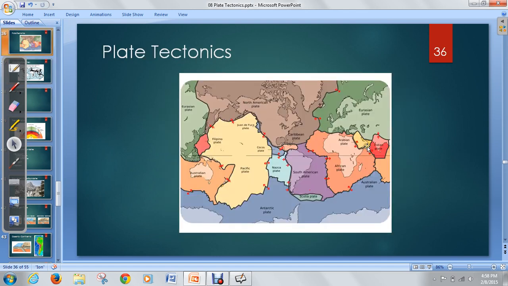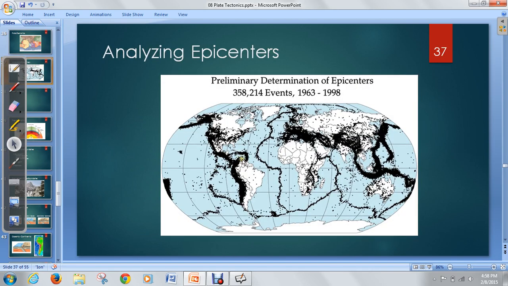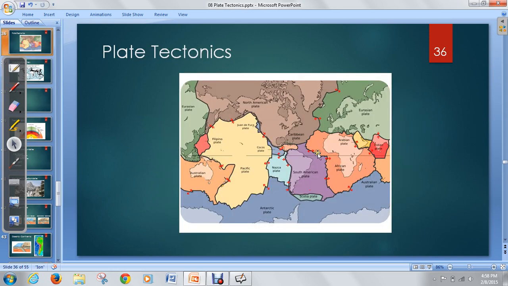Again, if you look at the Middle Eastern plate, it surrounds the Middle East, and so on and so forth. You could do this with South America and all the other plates. Okay, South America is right here. If you look at the South American plate, very similar in shape. Okay, so this is how they were able to figure out where the different plates were, by analyzing this earthquake data, looking at the epicenters. So this is where we get the plate boundaries from.